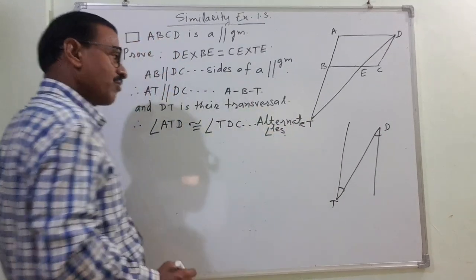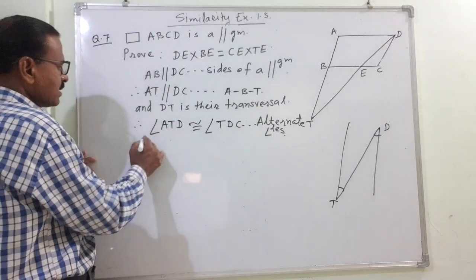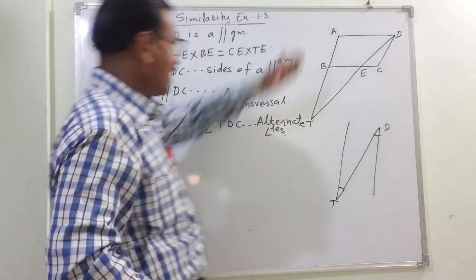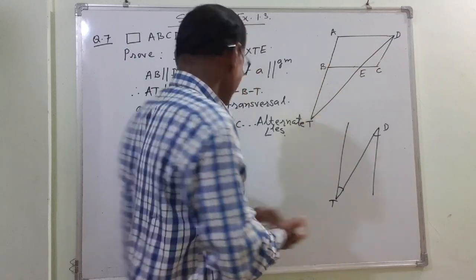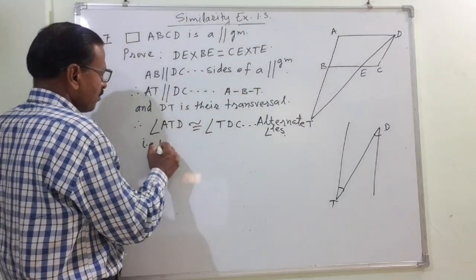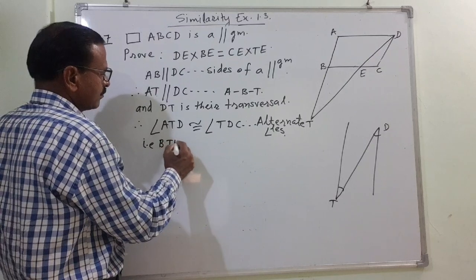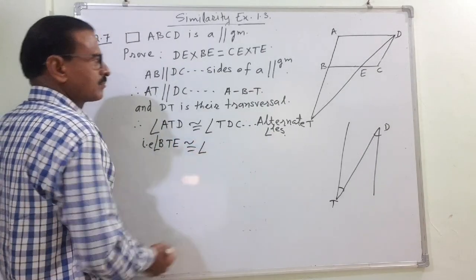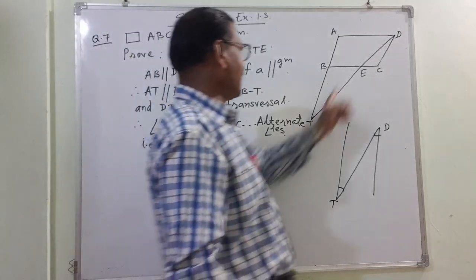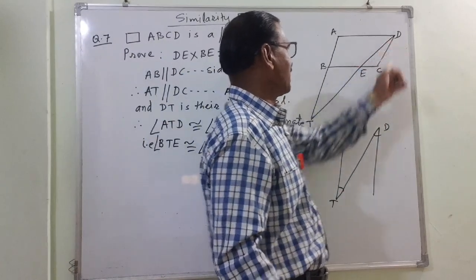Alternate angles are congruent. Instead of saying ATD, I can say BTE, congruent angle. Instead of saying TDC, I can say EDC.